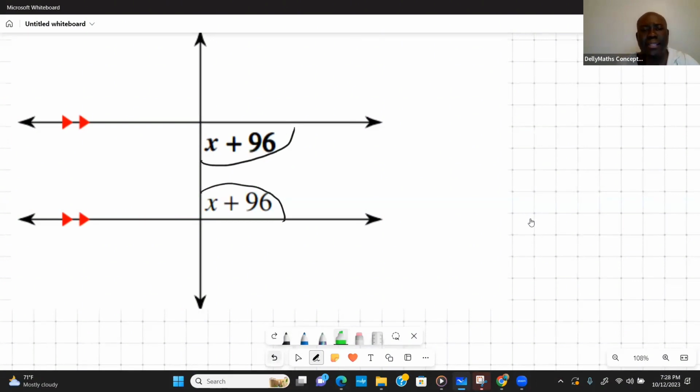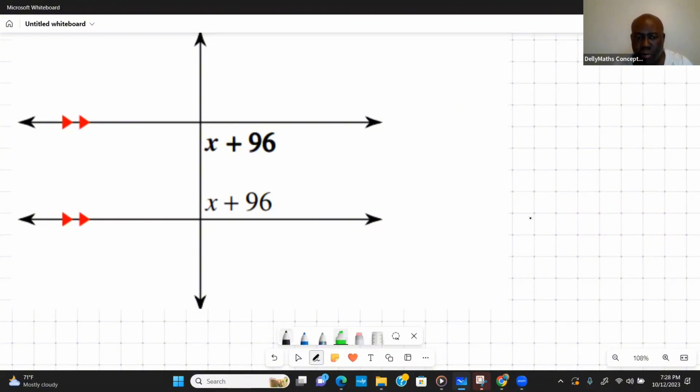So because they're between the parallel lines, I'm going to be thinking interior. But they're interior and they're on the same side. They're both to the right of the transversal. So we can look at them as interior same side. Or we could see them as consecutive angles.